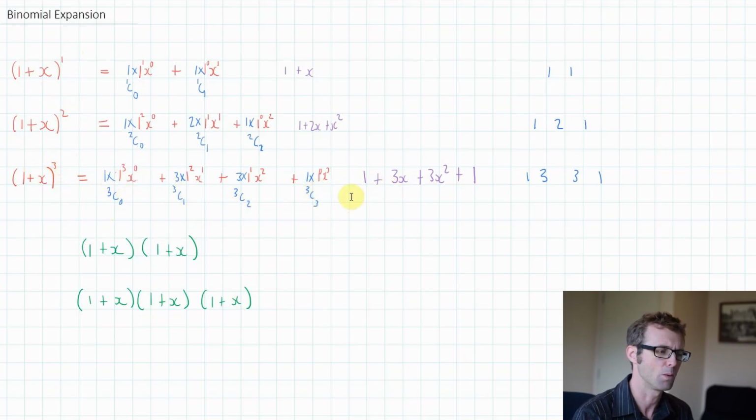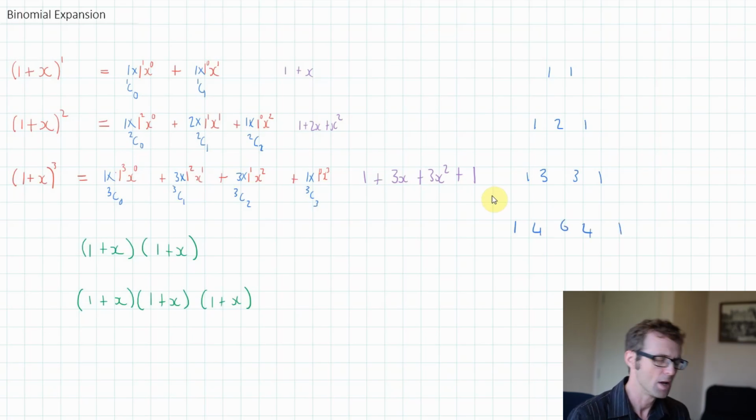That's what we're doing, and that will produce Pascal's triangle numbers for us. So the next row would be 4 choose 0, 4 choose 1, 4 choose 2, 4 choose 3, 4 choose 4, and that would give you the next row, which would be 1, 4, 6, 4, 1.